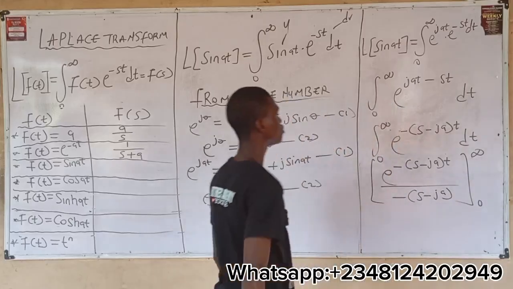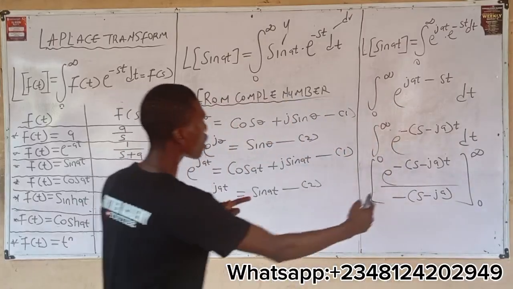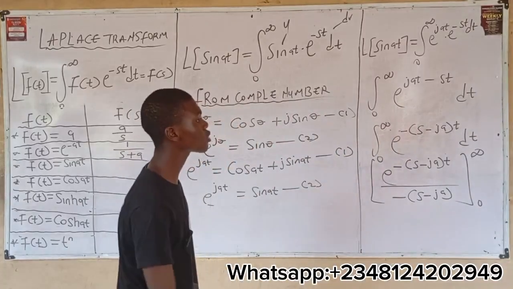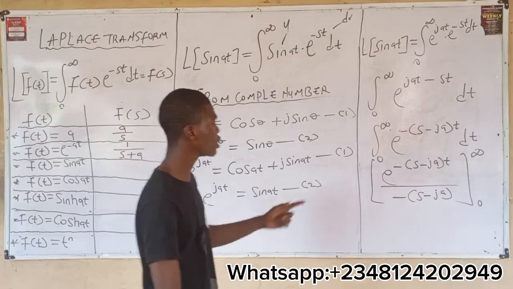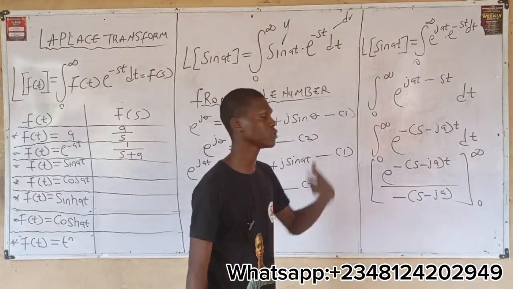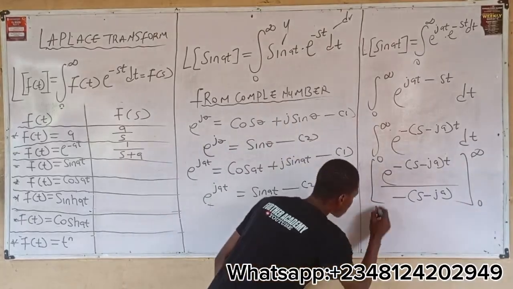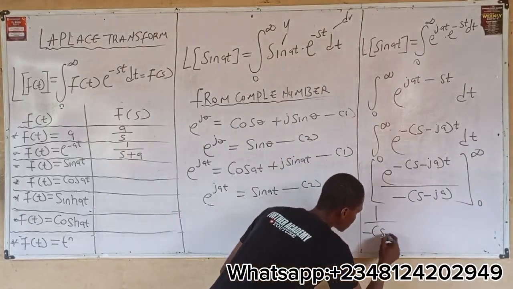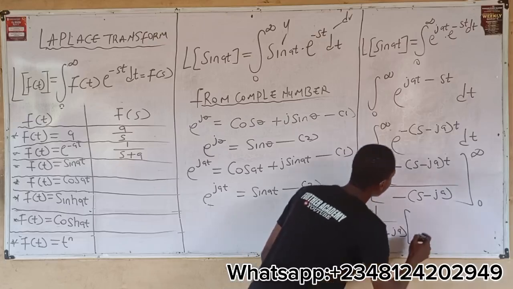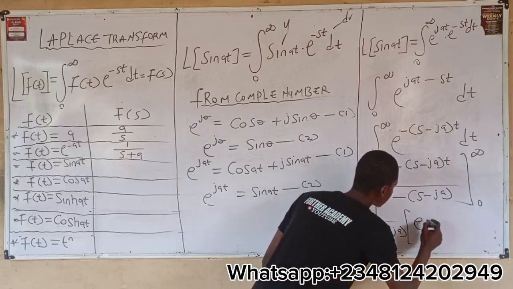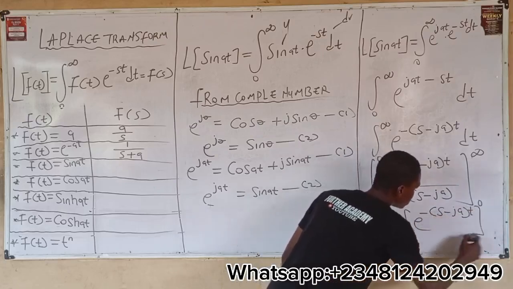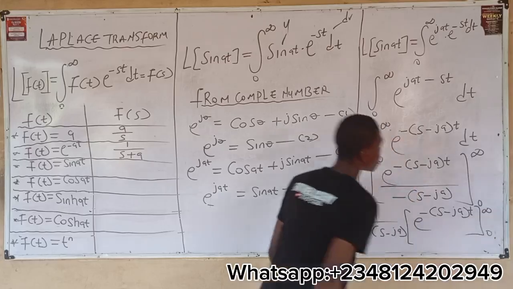Now, factor out your constant. In this case, your constant is 1 all divided by negative, all into bracket s minus ja. So it becomes 1 divided by s minus ja. Open your big bracket, you then have exponential negative, all into bracket s minus ja t, then your limit, of course.